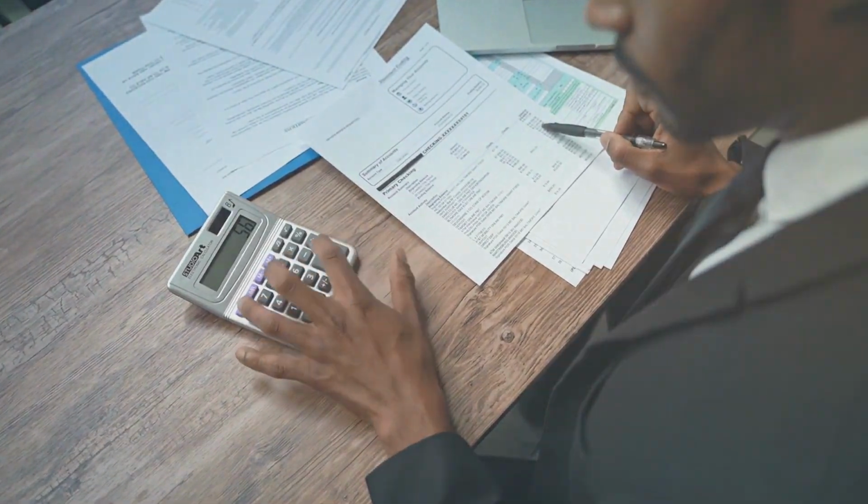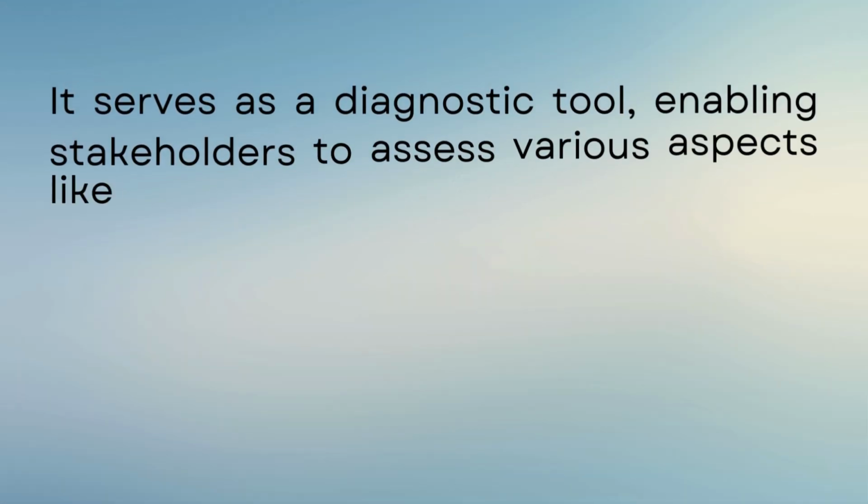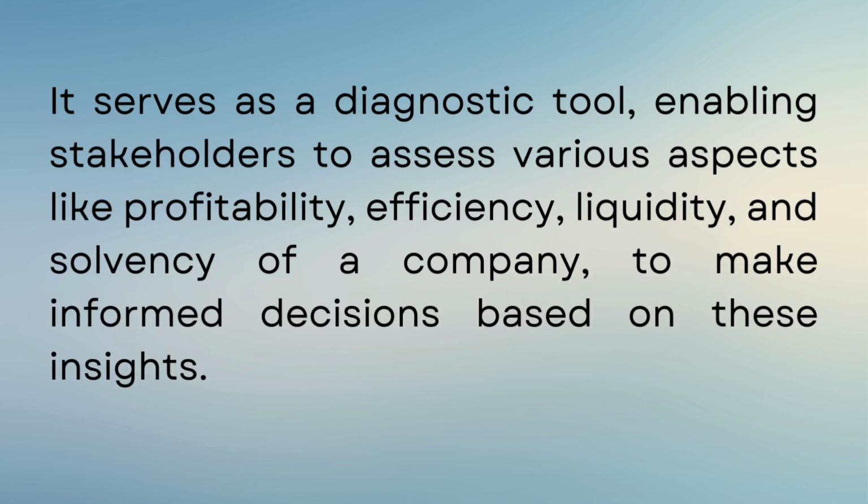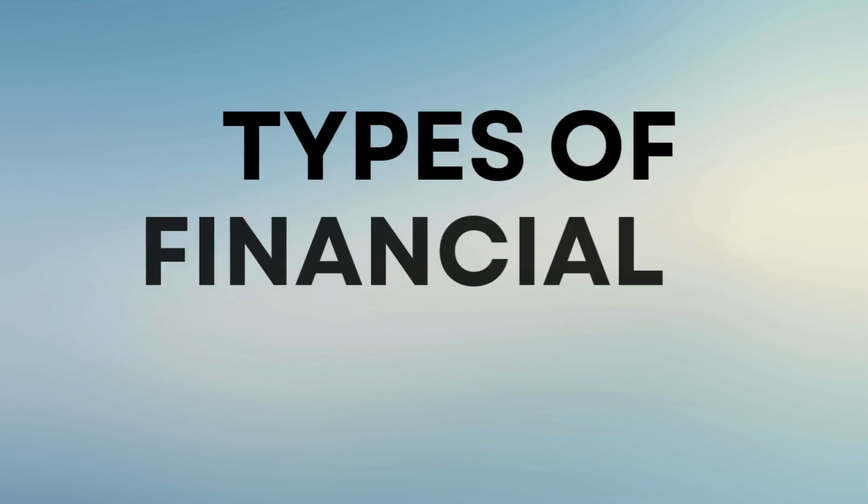It serves as a diagnostic tool, enabling stakeholders to assess various aspects like profitability, efficiency, liquidity, and solvency of a company to make informed decisions based on these insights. Now, once we know the definition of ratio analysis, let's look at the main types of financial ratios.